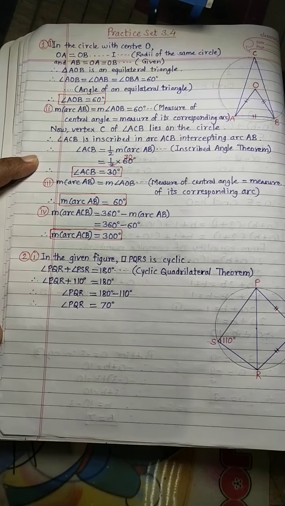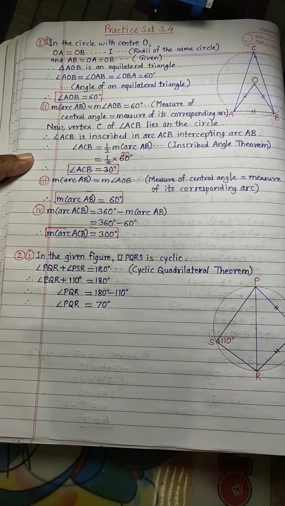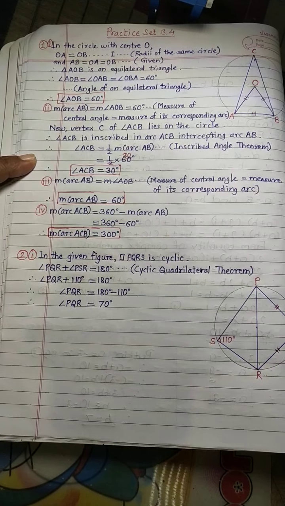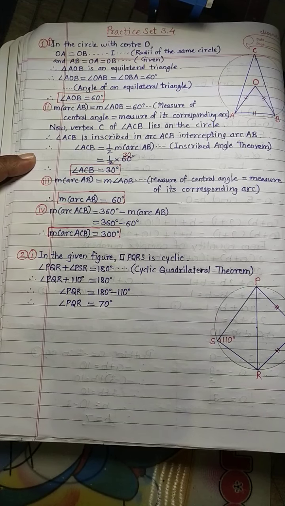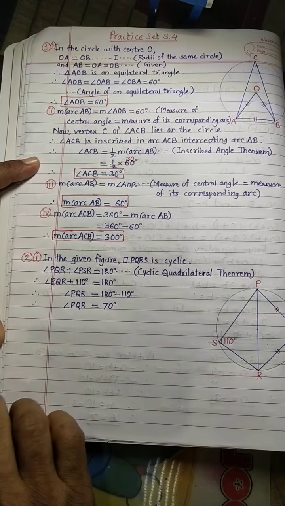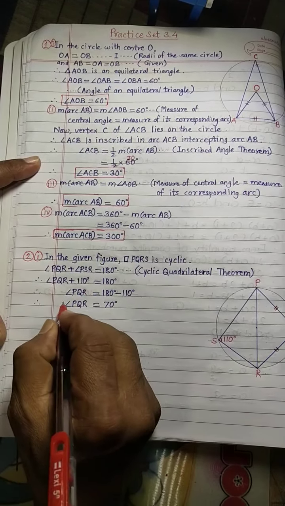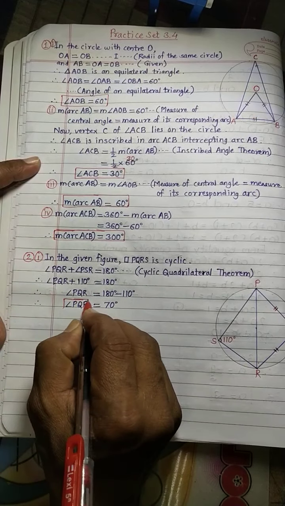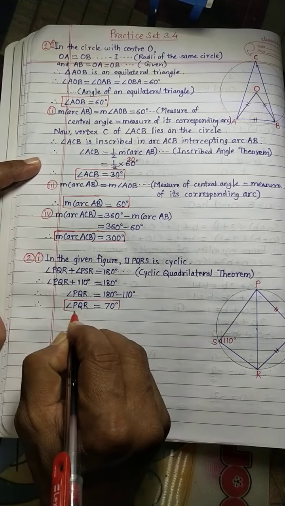So in this way we have found out the measure of angle PQR. Okay, so the first part of the second question is completed.